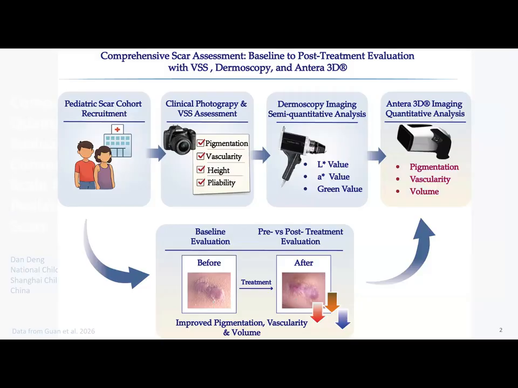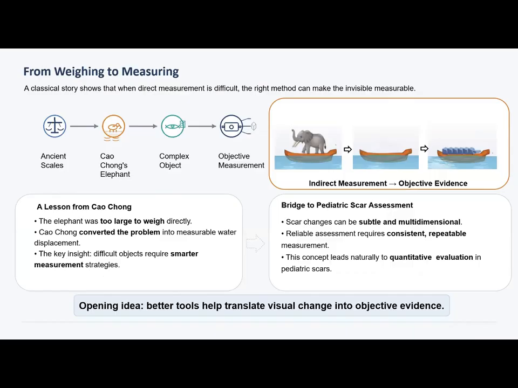From the start point, we do these three parts of the evaluation before we evaluate the effectiveness.